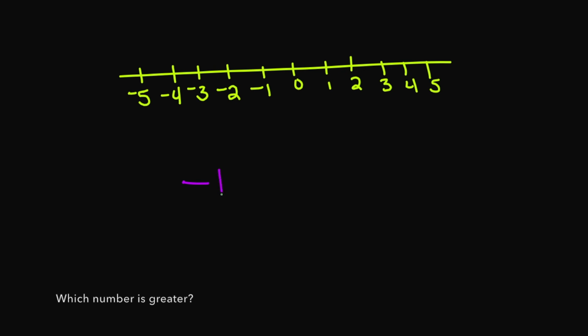What about negative 12 and negative 15? In this example here, negative 12 is greater than negative 15. And then what about negative 29 and negative 30? In this example here, between negative 29 and 30, negative 29 is greater than negative 30 because negative 29 is closer to 0 than negative 30.